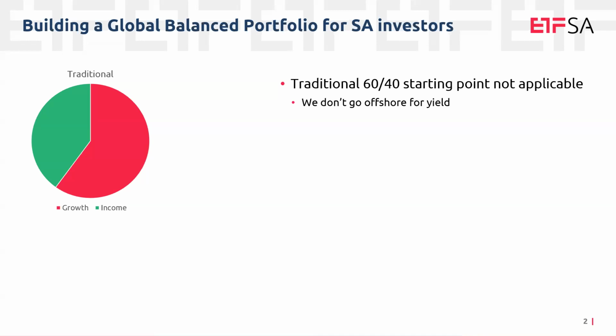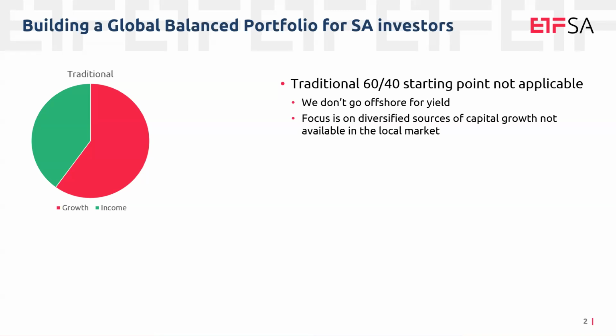Why not? Well, for starters, us as South Africans don't need to go offshore for yield. We don't need to go there for interest yield. We don't go there for dividend yield, because South African interest rates and South African dividends are typically far superior to what we can get in global markets. So we certainly wouldn't be looking for that classic income component coming from offshore markets.